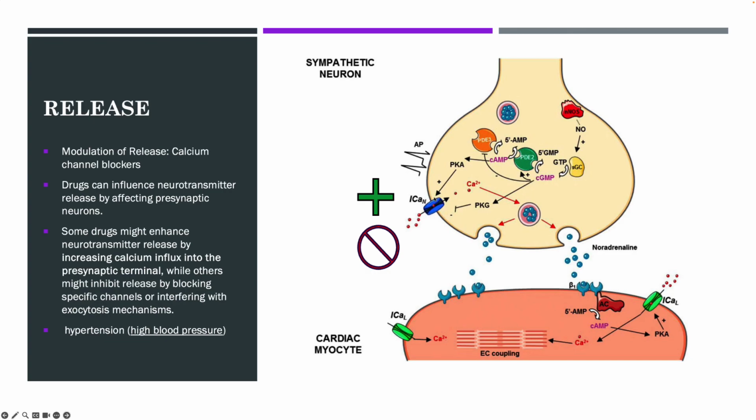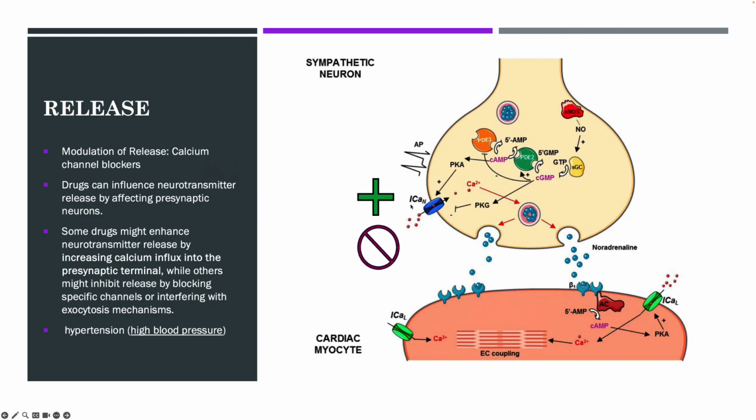And when we depolarize the calcium channel, calcium will rush in. And then when calcium rushes in, these vesicles will move to the membrane and release their payload. Well, we can also influence the release of these vesicles by influencing the calcium ion channel.